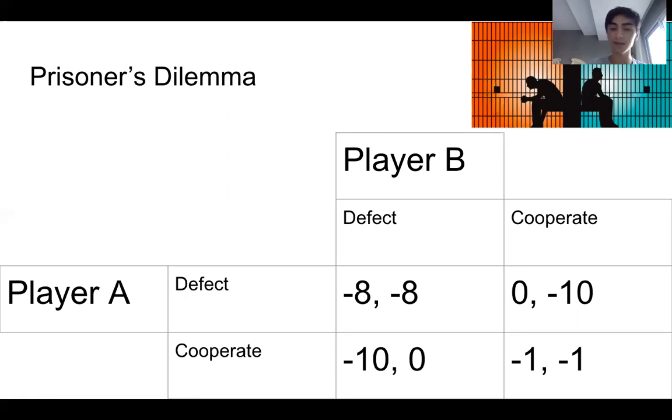But in all of these extremely complicated possibilities and all of these extremely simple possibilities, it turned out that the best one is called tit for tat, which basically means that the game starts, and based on what the opponent did last, I will do that. So if in the last turn the opponent defected, then I will also defect.